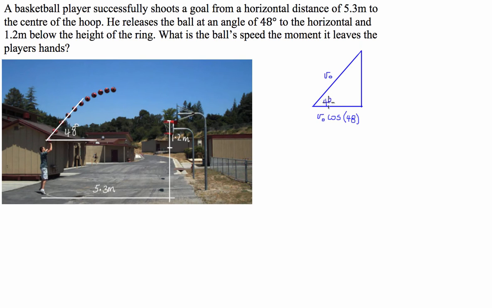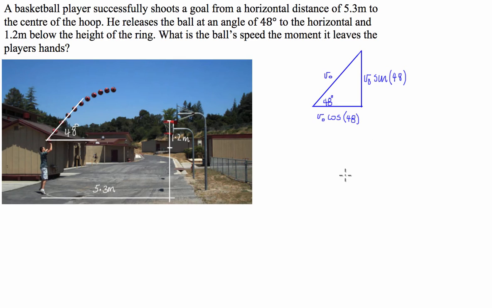They tell us that in the question. Now, the vertical component of the initial velocity is going to be V0 times the sine of 48.